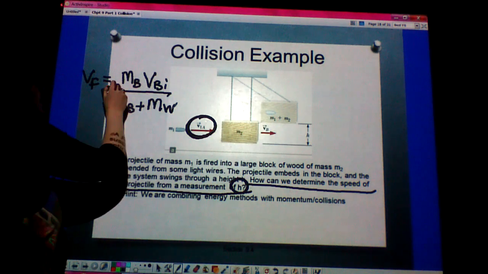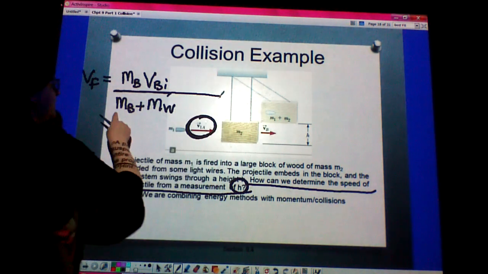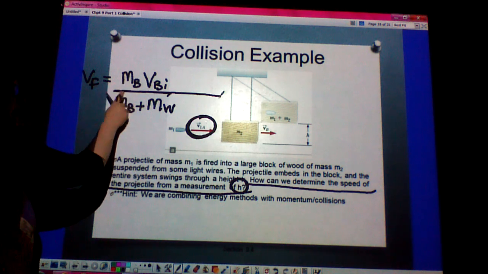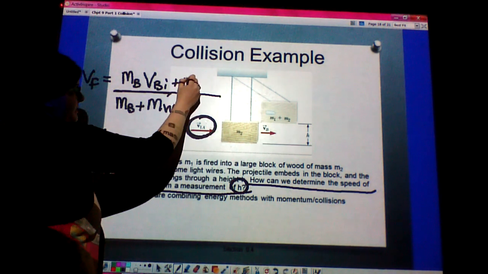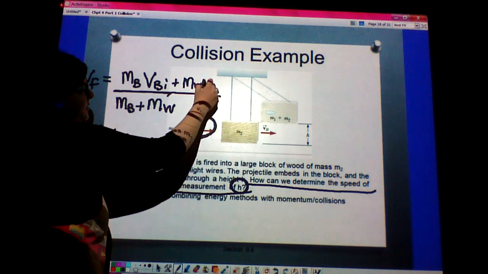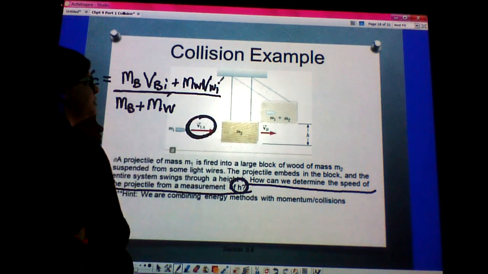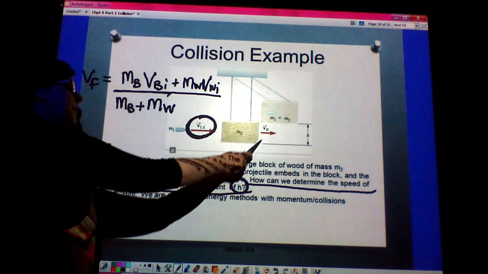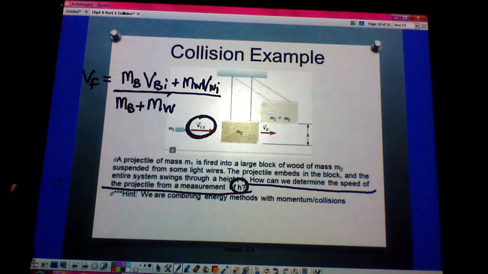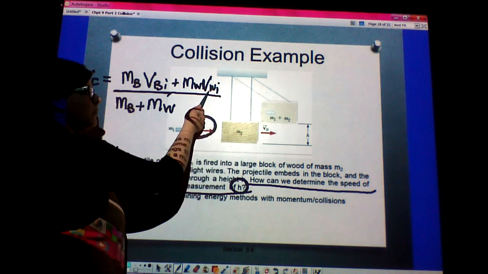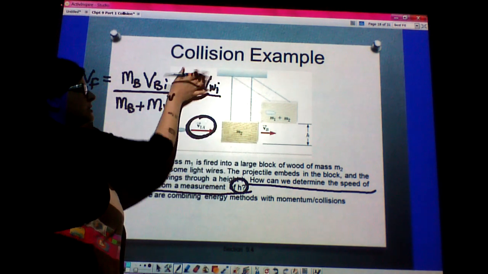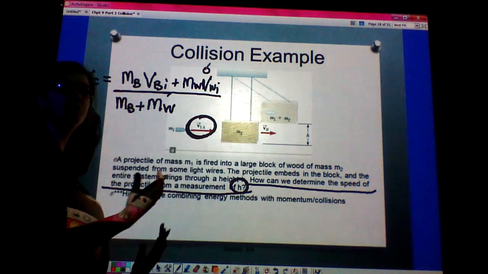Well, before in the last one, we said that the final velocity would be the mass of the bullet times the velocity of the bullet initially plus the mass of the wood times the velocity of the wood initially. But this block of wood, before the bullet strikes it, is at rest. So that means that this block's initial velocity is 0. So the reason that I didn't include this part was because this is just equal to 0.